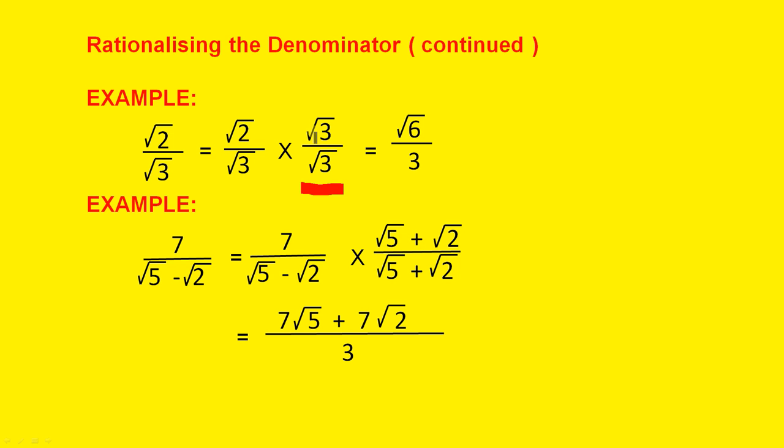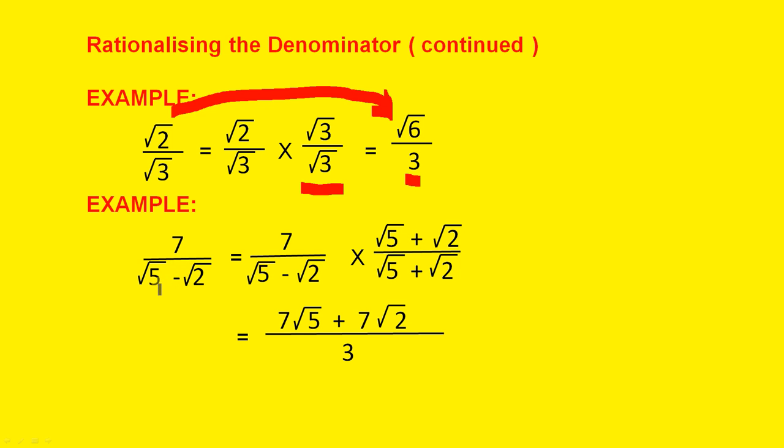The square root of 2 times the square root of 3 is the square root of 6. The square root of 3 times the square root of 3 is 3. So from here to here, same value, but we have a rational denominator.